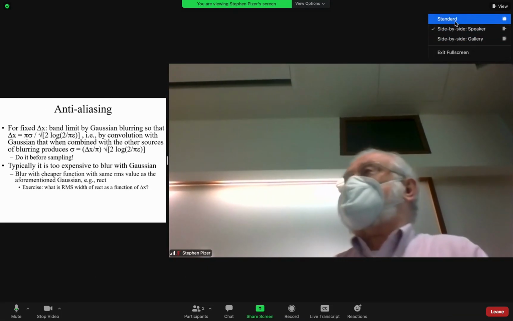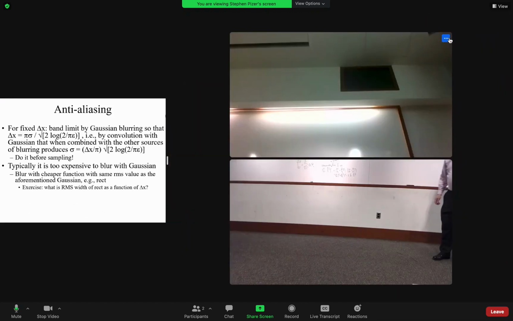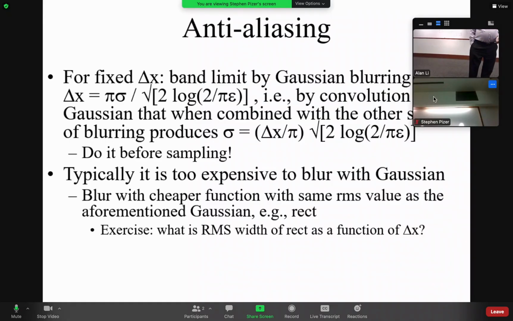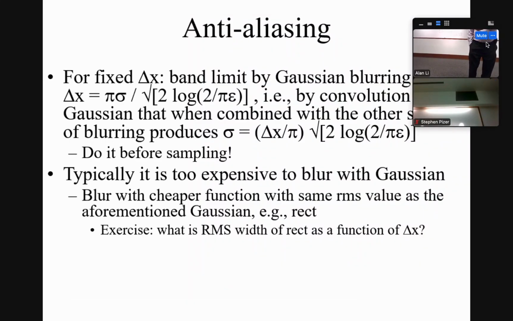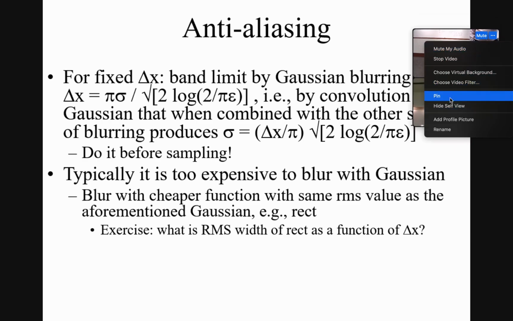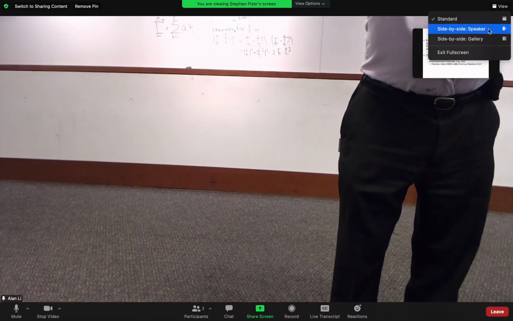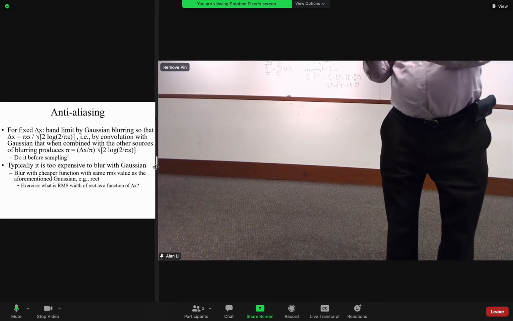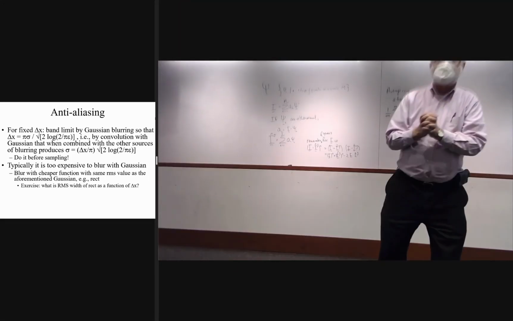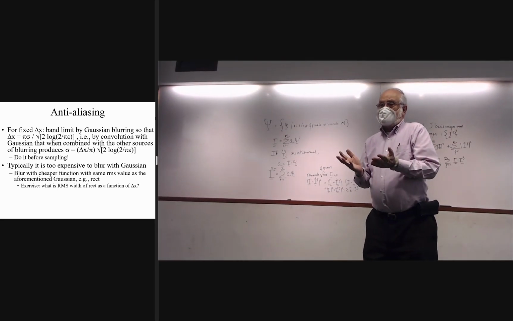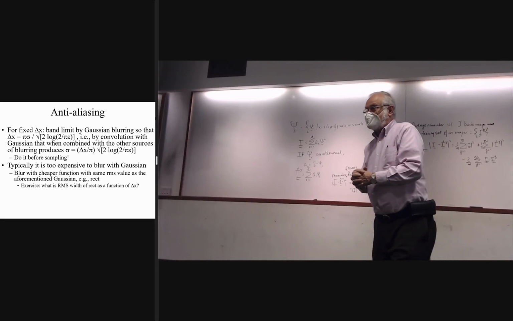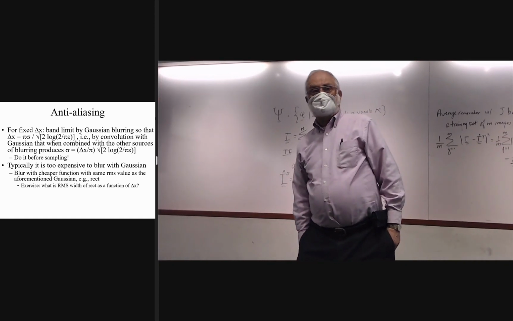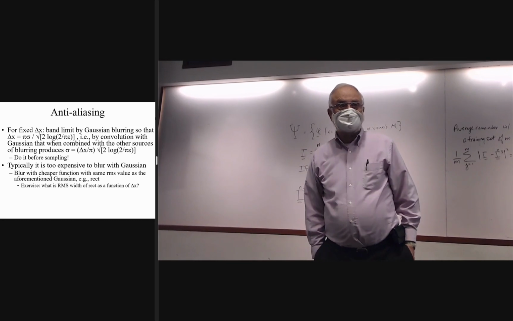People talk about that as preventing aliasing. What that really means is that frequencies that alias into the band from minus a half over delta x to plus a half over delta x in the frequency domain have very, very little content, very low coefficients of the terms at those frequencies.